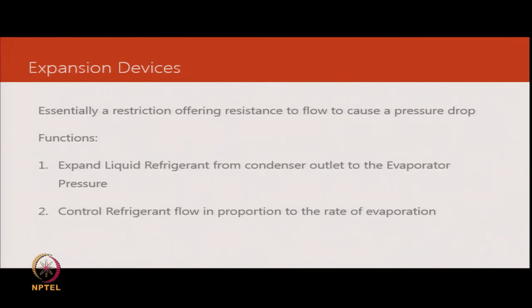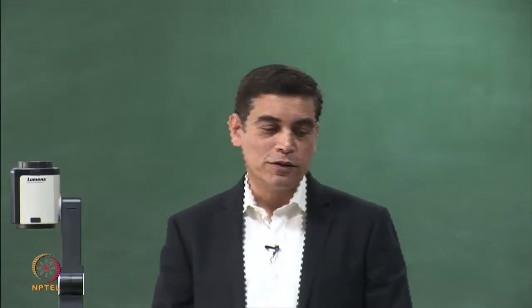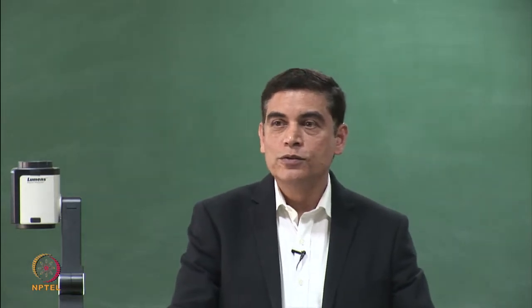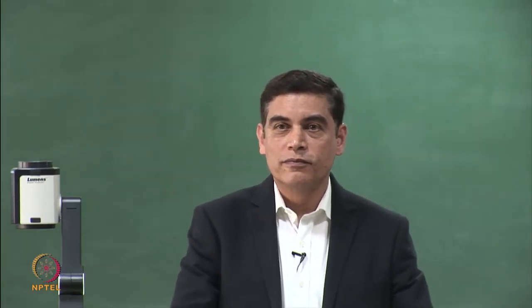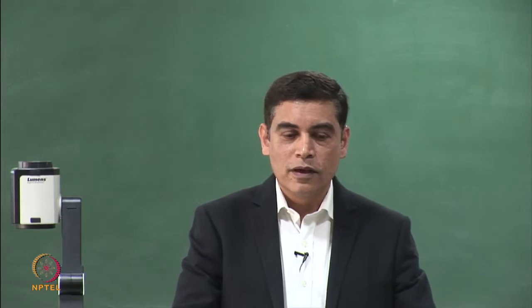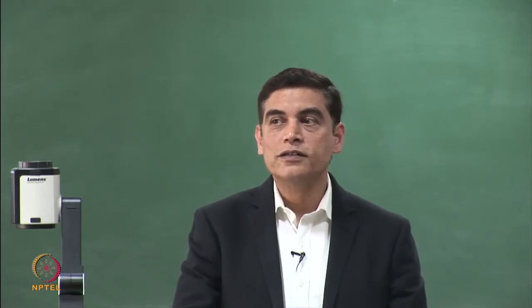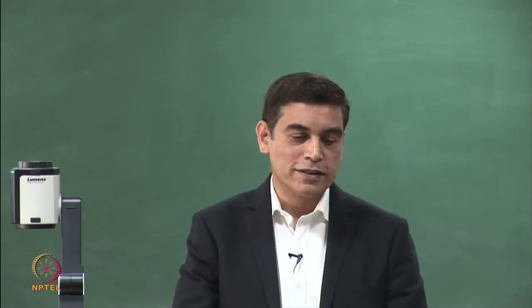Or rather the expansion device, and then we will have a separate nomenclature for expansion valves as we go to the next slide. So any restriction can be used as an expansion device. We are trying to prevent the refrigerant from flowing freely. So any restriction that we create is an expansion device.